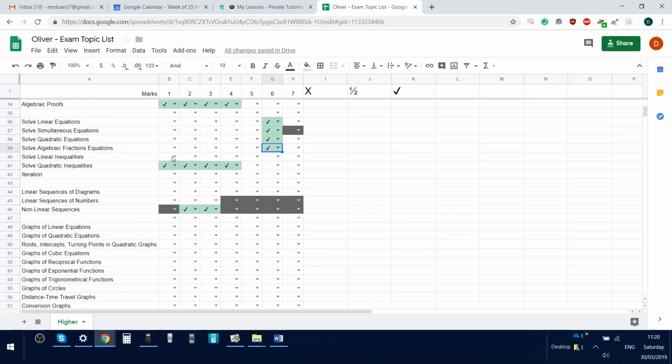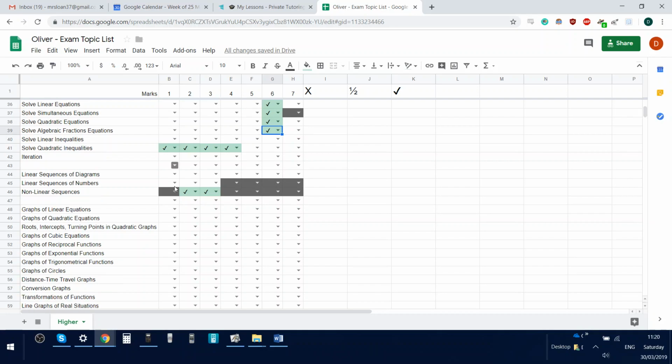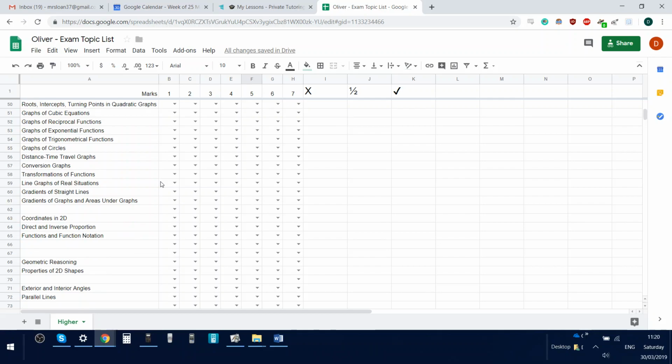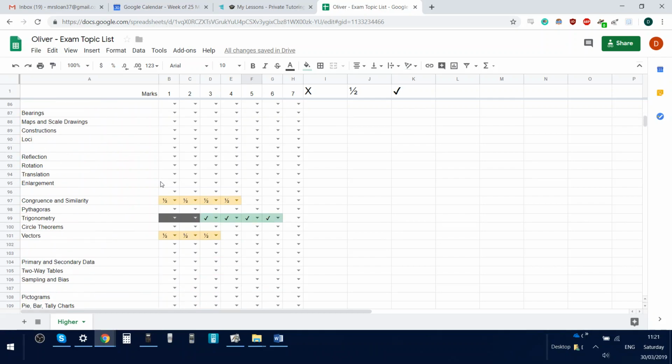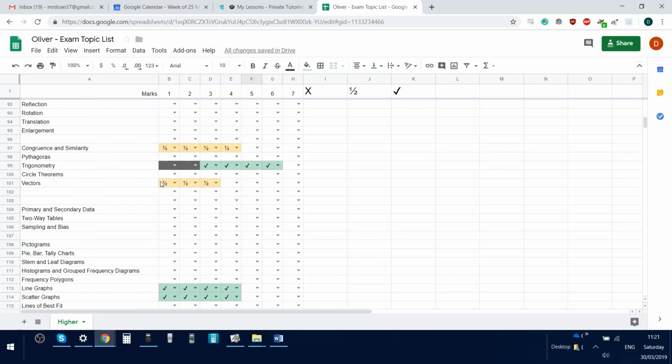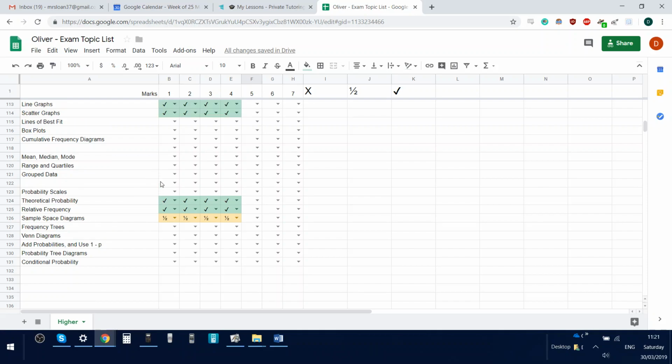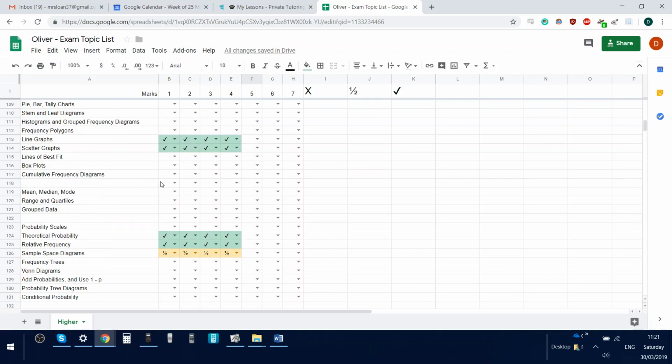Yeah, we definitely did. I bet we did solving inequalities as well. Non-linear sequences, you're going to be fine. Did we ever do vectors? Yeah, we did the first half of it. I said we did the easy part, and then there's a hard part.